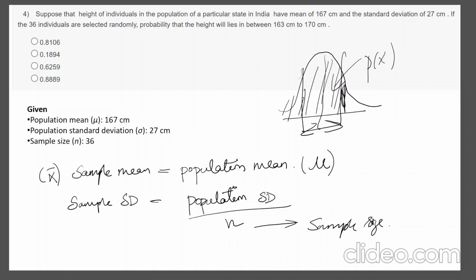It's correct. I just have to plug the values here. Probability of Z less than 0.67. So for 0.67, the Z score value is 0.7486, and for minus 0.89 it is 0.5619.